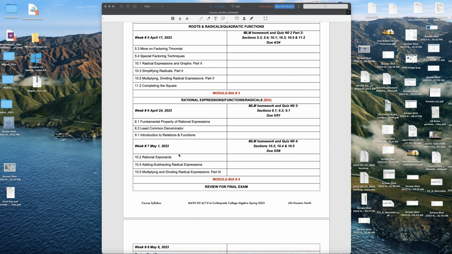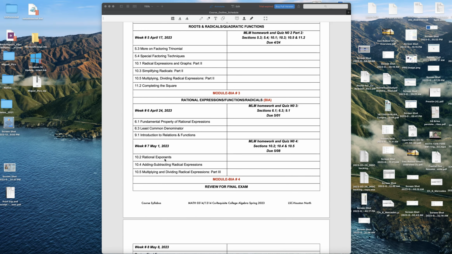This week, we're supposed to finish the second part of module 3 for the developmental part. That is rational exponents. Rational exponents have to do with the radical function.